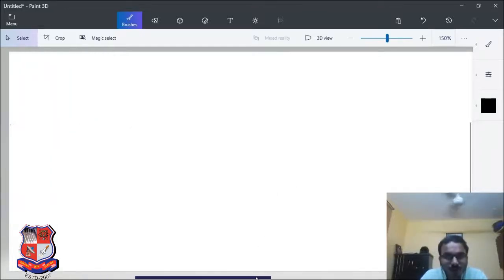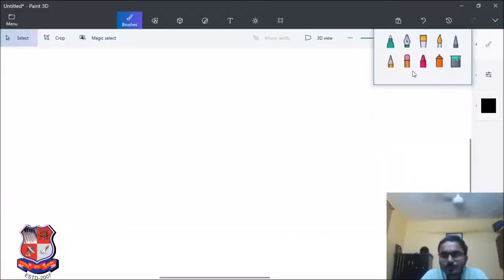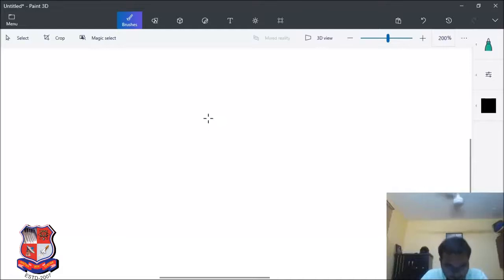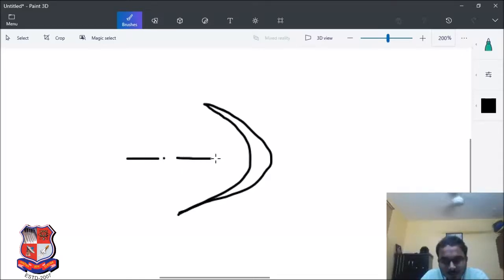So we will draw an unsymmetrical plate like this. So what is the difference between a symmetrical plate and an unsymmetrical plate?